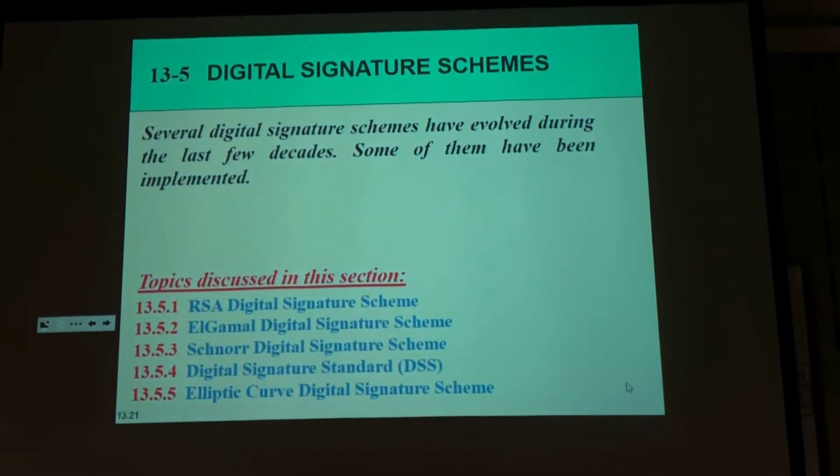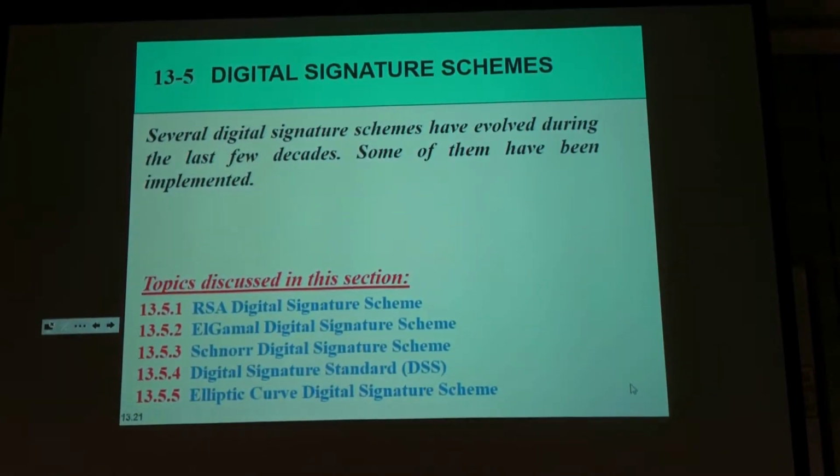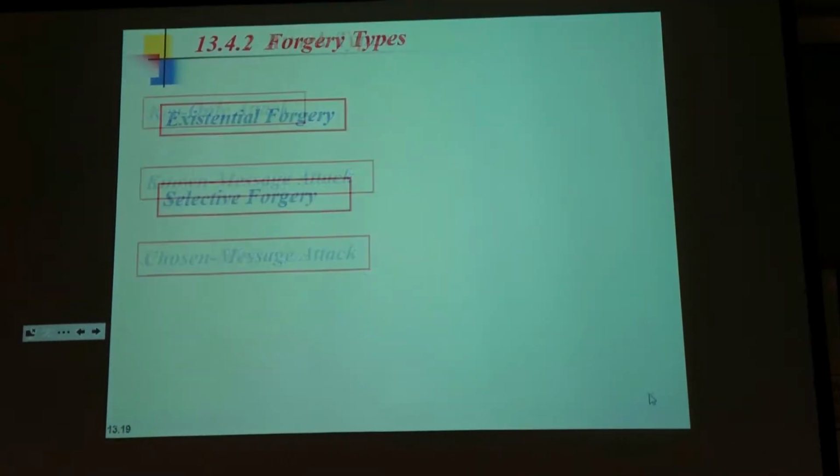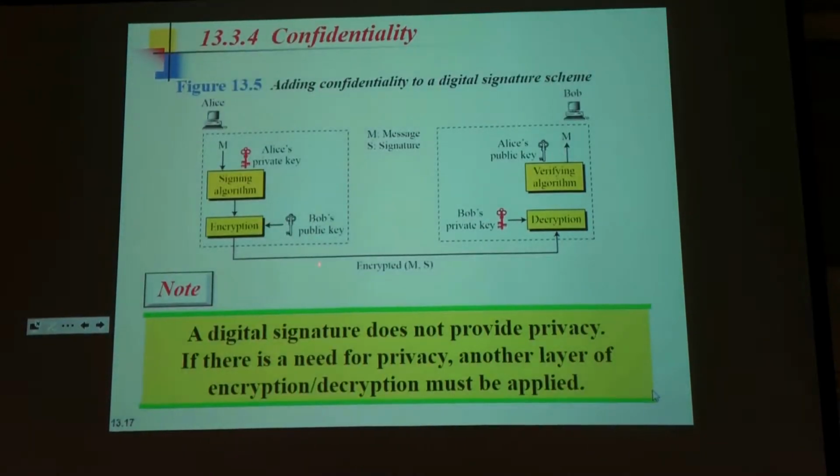Let's take a look at digital signature schemes. If you look back, inside that box, what we have is a scheme for signing, how we sign. For that, what are we going to use?